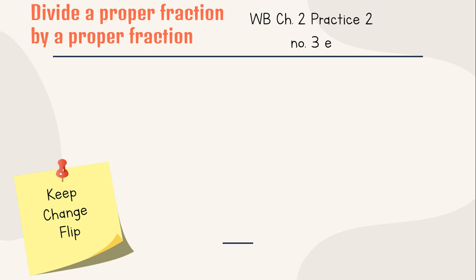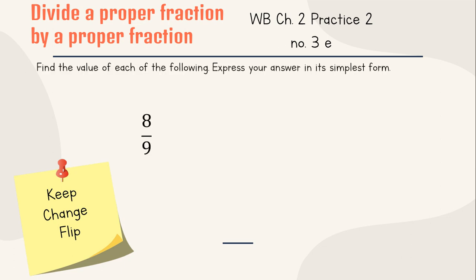The last number: 8 per 9 divided by 1 per 12. I'll give you 10 seconds to do it. 3, 2, 1. Keep, change, flip. That's it. Can we simplify something?